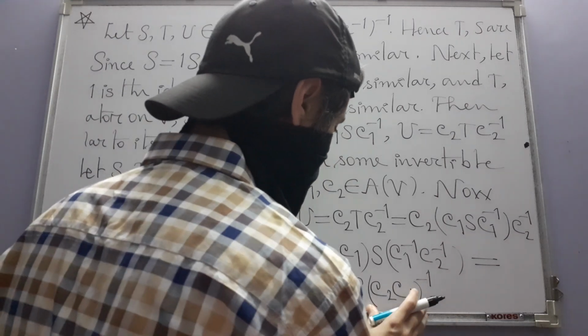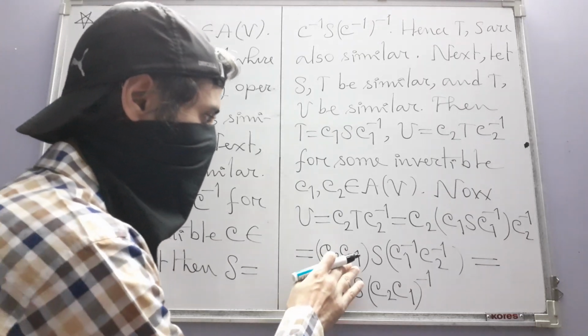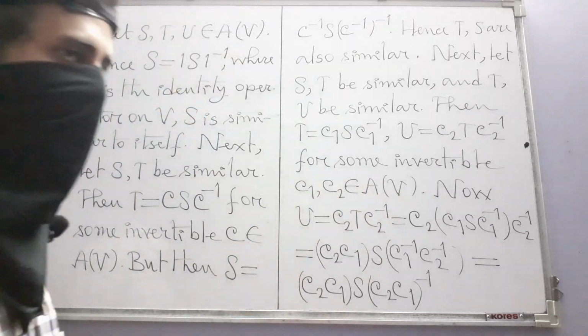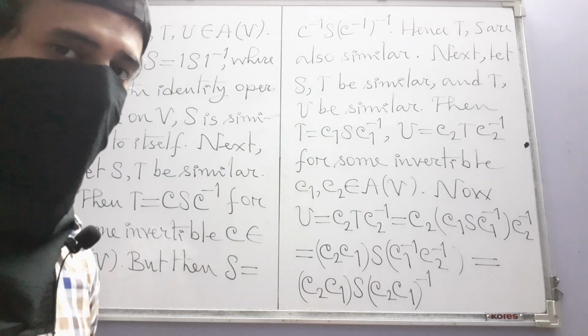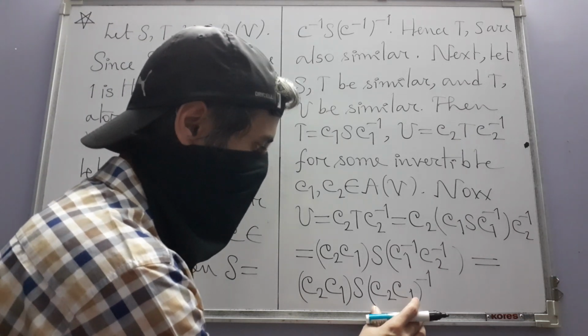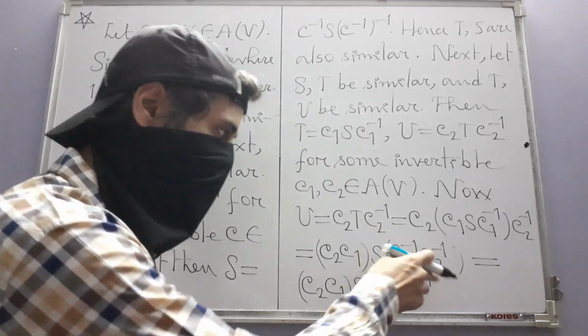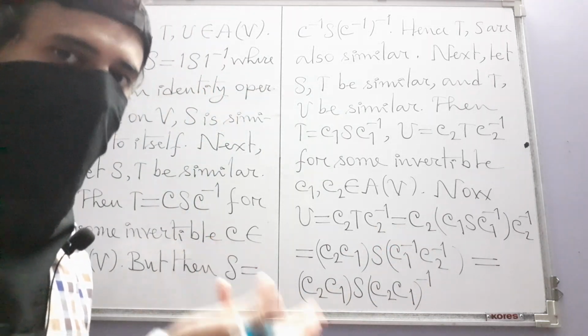You remember this fact from group theory, because after all the invertible elements in A of V form a group under multiplication. In that group, if you calculate the inverse of C2 C1, it's the same as C1 inverse, C2 inverse. The order changes.